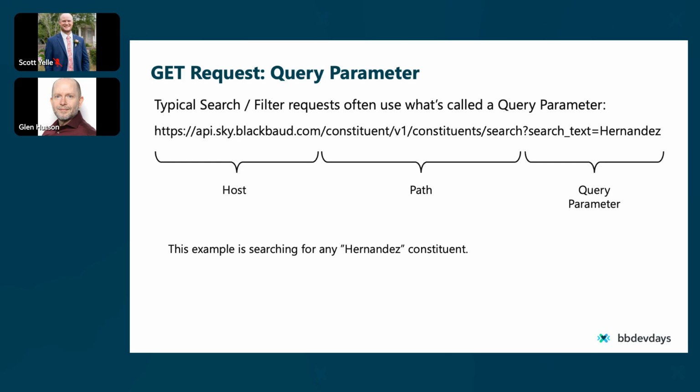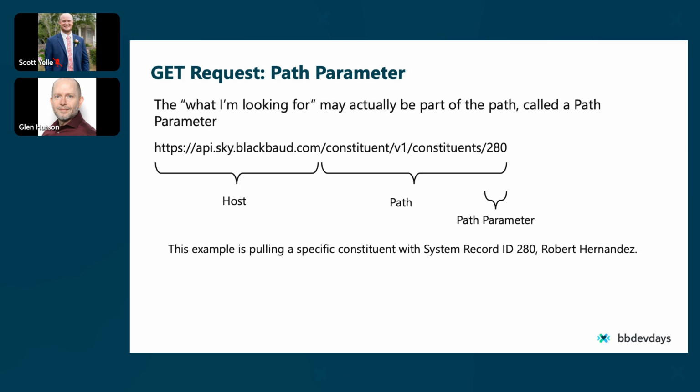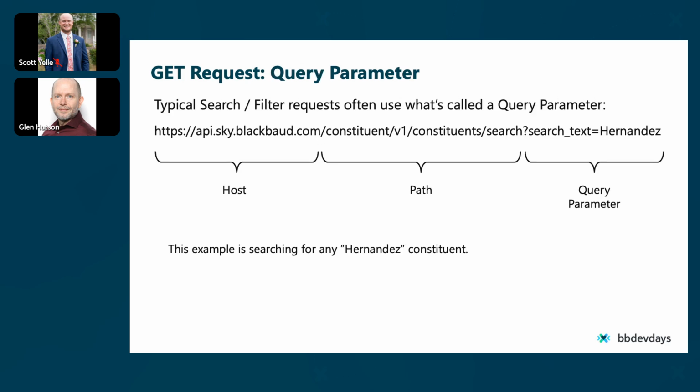The path is, as you see here, constituents, v1 constituents search. And the query parameter, what I'm actually searching for, is searchText equals Hernandez. In this case, my main parameter has a question mark, and I'm specifically saying I'm searching for Robert Hernandez.